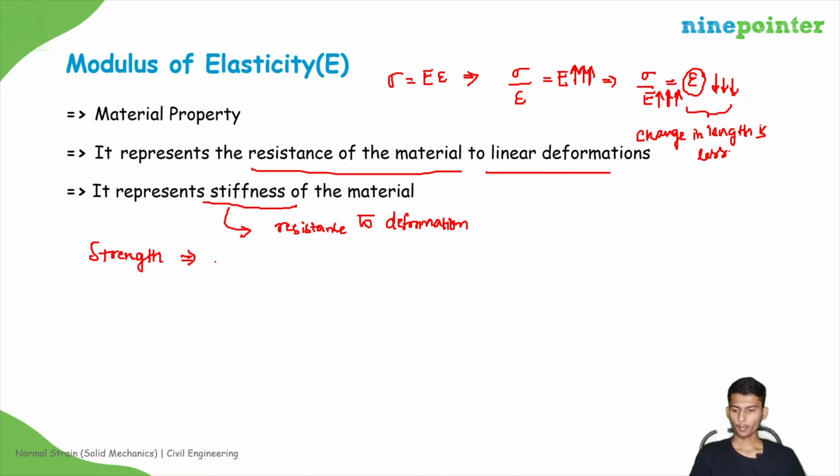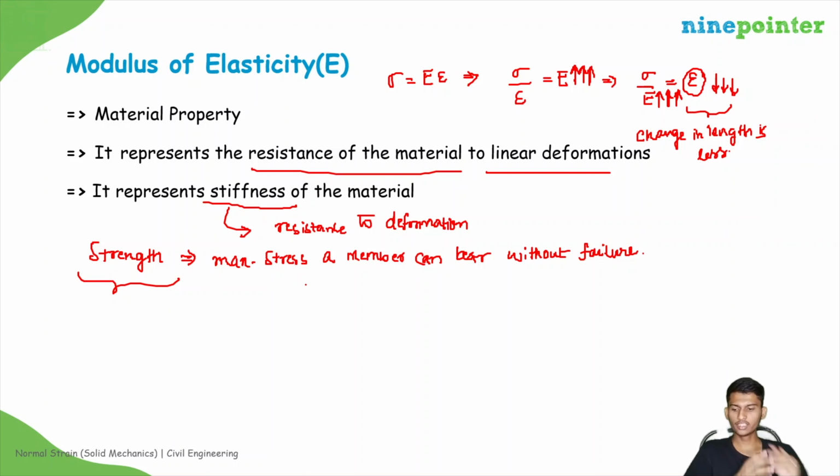Strength means the maximum stress a member can bear without failure. We generally deal with strength of the material. This is the reason why we also call this chapter strength of materials. So this is about modulus of elasticity.